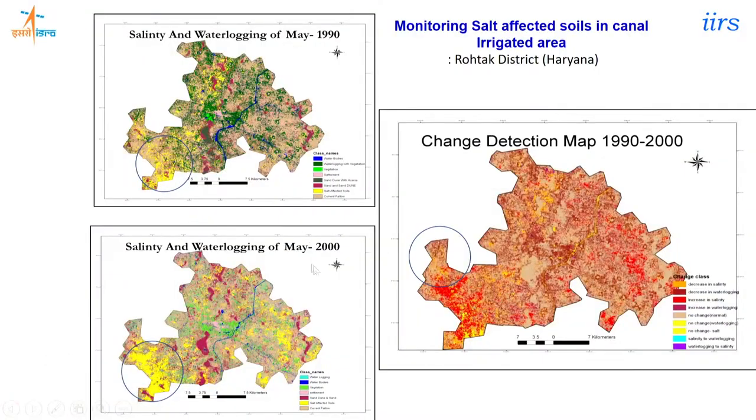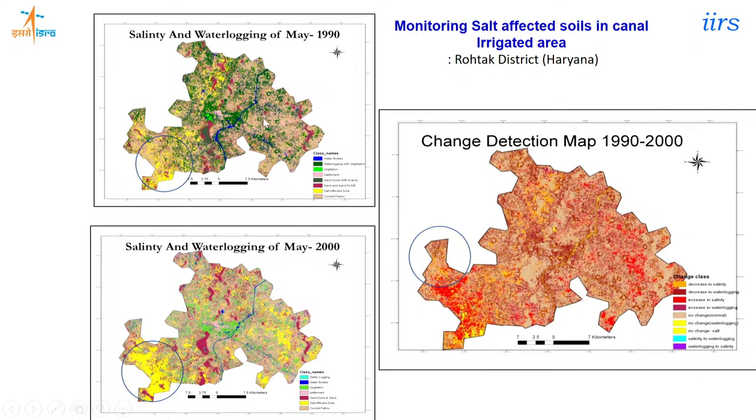Here I have shown in 2000 this was the salt affected soils, but when I saw in 1990, 10 years before, the yellow color is showing the salt affected soils here, and in this area you are not getting any salt affected soils. But after 10 years you are getting the salt affected soils here.